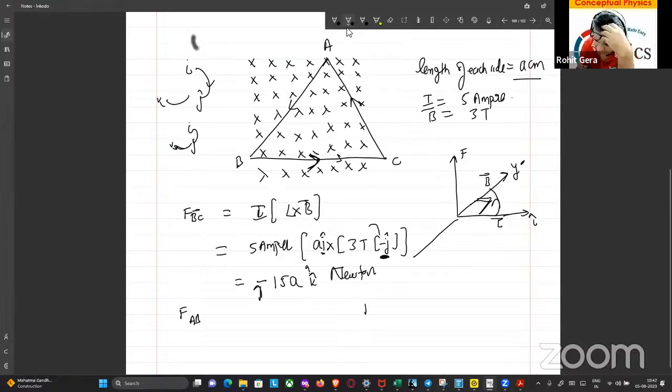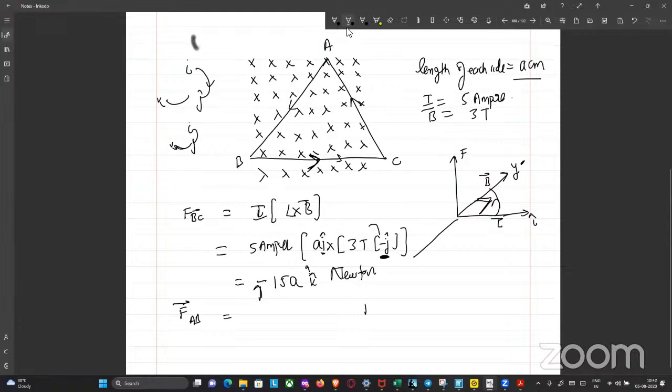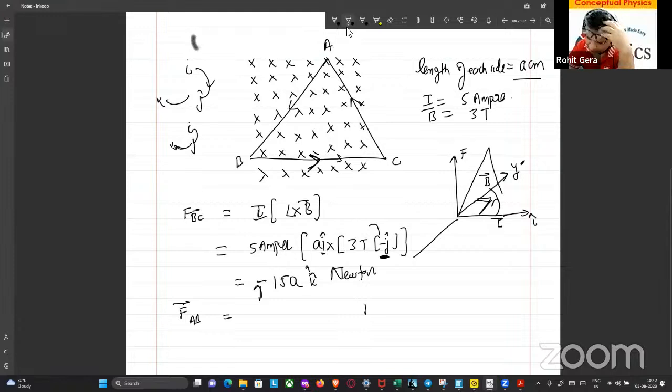Section AB. Now look at the wire AB. What is the direction in which it is lying? If this is an XY plane, it is inward, so it is standing vertically. Our B is like this, so maybe the situation is like this.